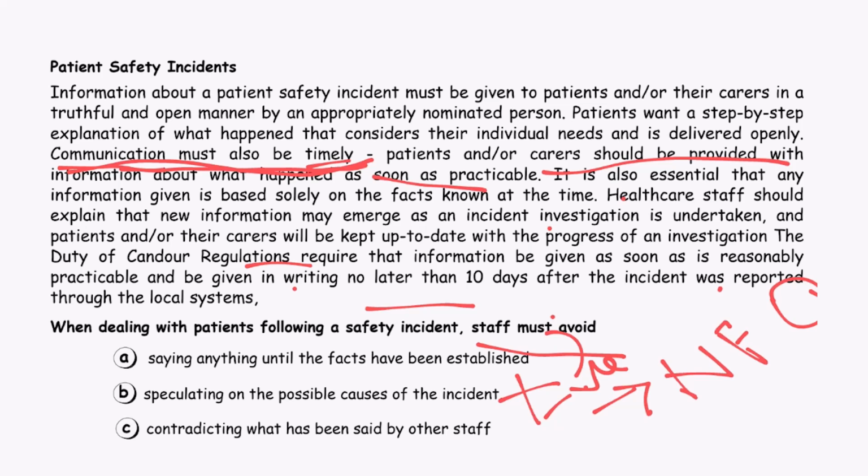Now look at answer option C. Staff must avoid contradicting what has been said by other staff. Contradict means opposite. If I was a morning nurse and I have conveyed one piece of information to my patient regarding his blood test results, and the afternoon nurse comes and explains the negative results of the blood test, what will happen?